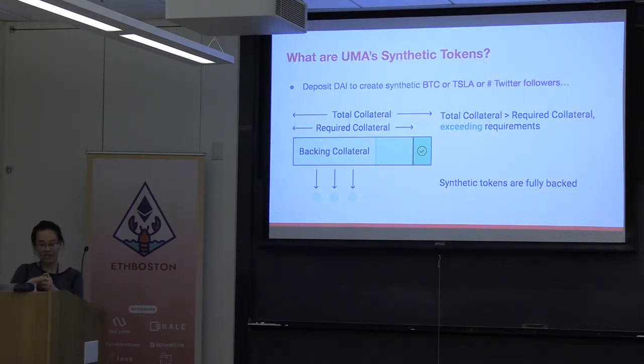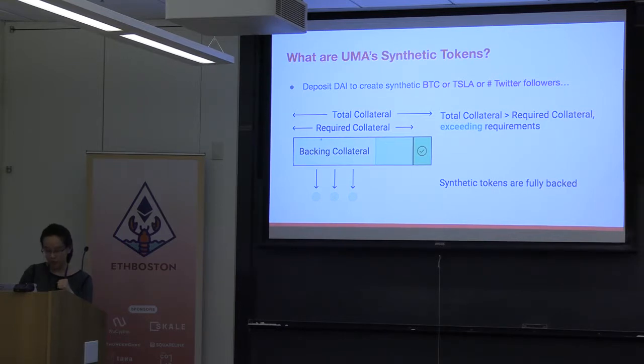So, what are UMA synthetic tokens? We've created a tool that lets you create tokens like this. So what you're going to do is deposit a bunch of DAI. We're going to deposit DAI into what we're calling a token facility. Deposit DAI into here. That's the lightest green one.